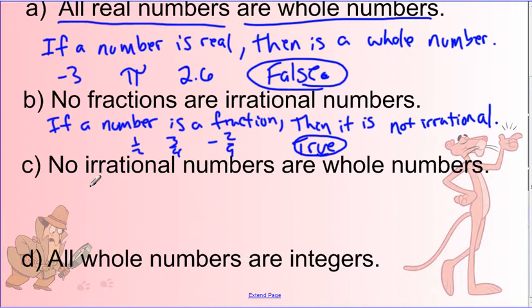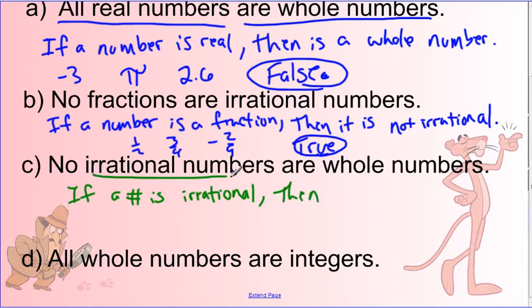All right, letter C. No irrational numbers are whole numbers. Okay, so if a number is irrational, then it is not a whole number.